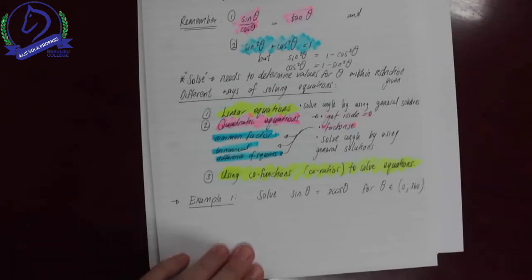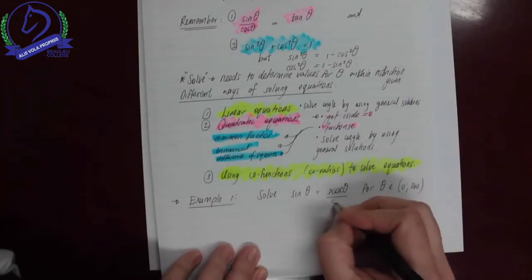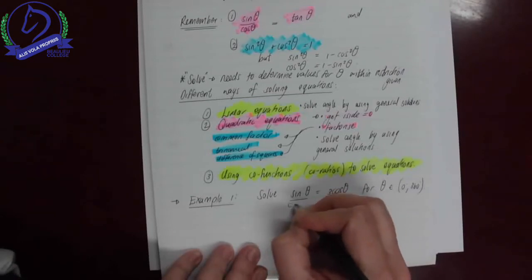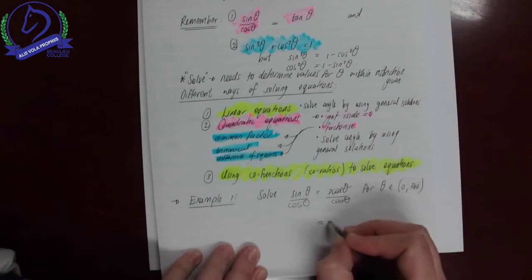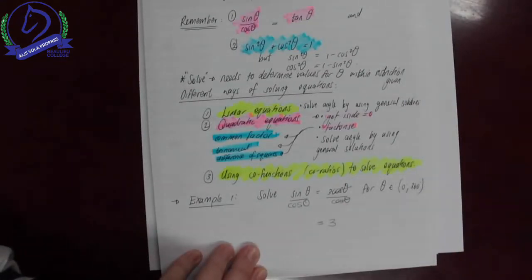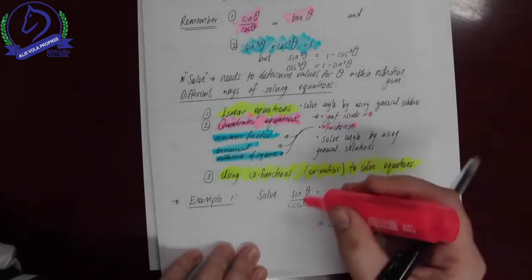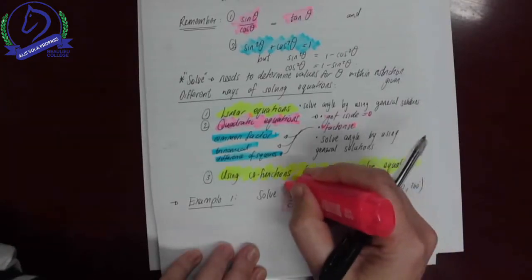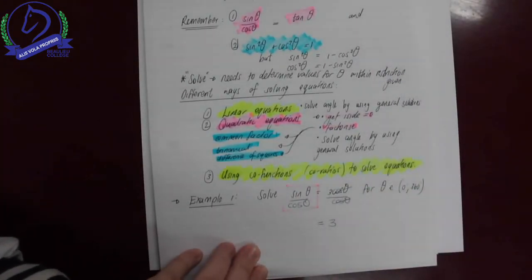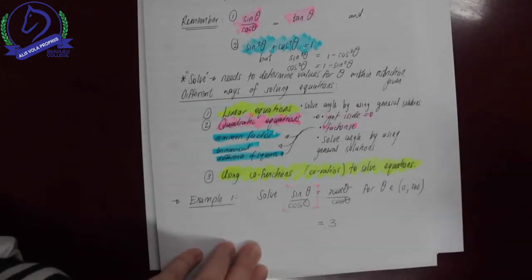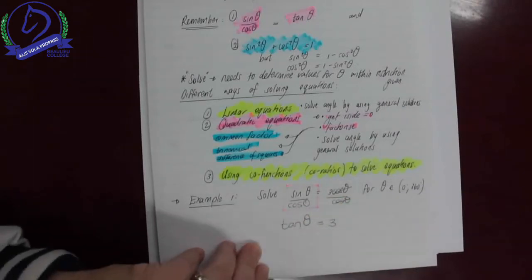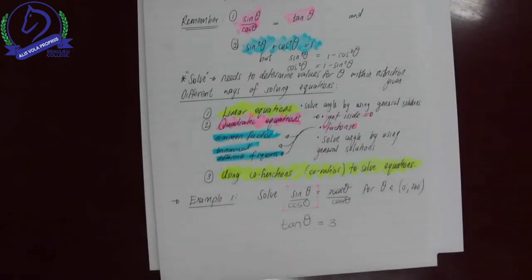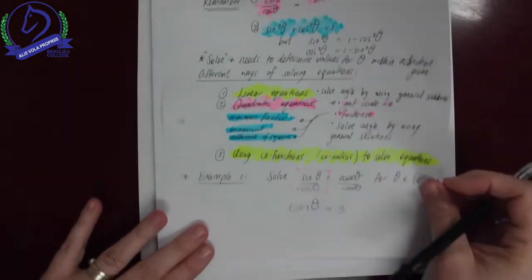I do, however, see that if I divide both sides by cos theta, I am able to get 3 alone on the right-hand side. By doing that, I also managed to go from 2 ratios to 1 ratio, because sine theta over cos theta is tan of theta. So what does that mean? That means that I can find my general solution.